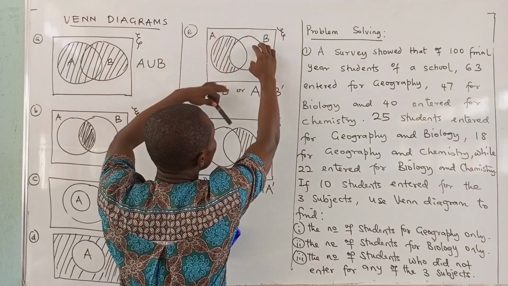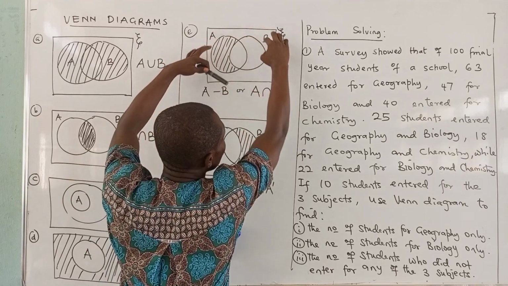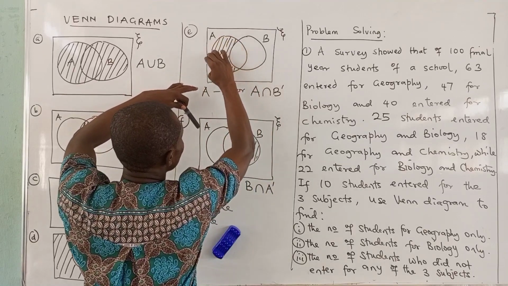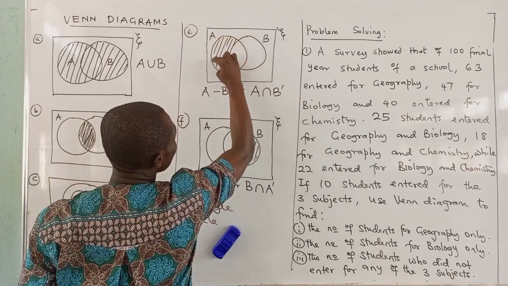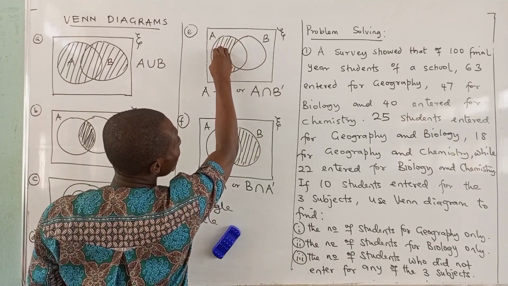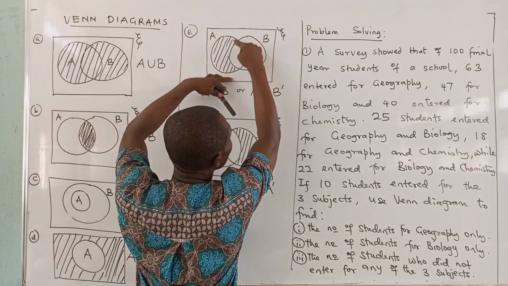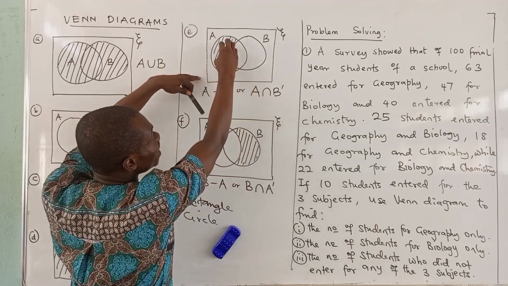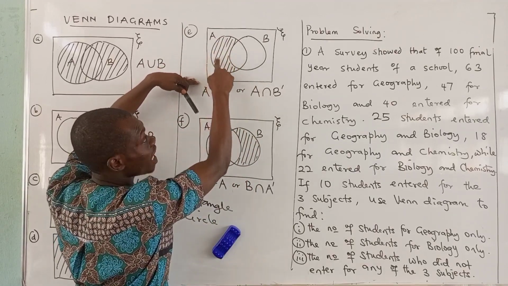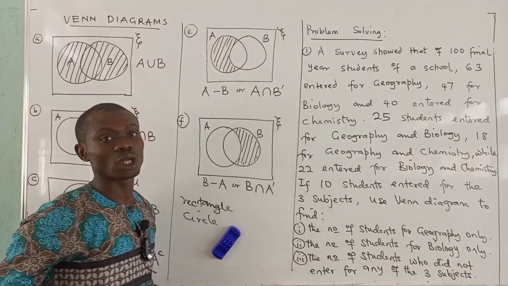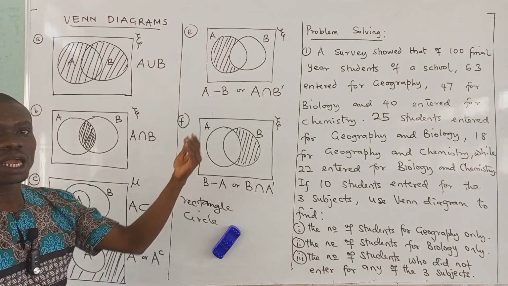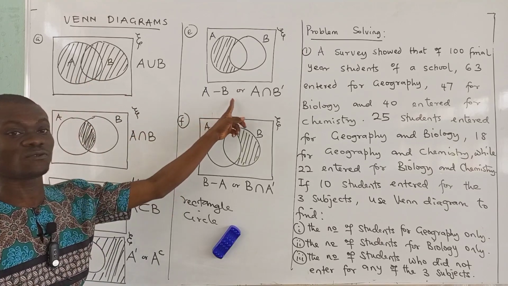Outside this second circle here is B complement. And whereas here is your A. So you can see that this shaded portion is inside A and also inside the complement of B. So they are the elements contained in A and also in the complement of B. That's why we can as well call it the intersection of A and B complement. That is A difference B.